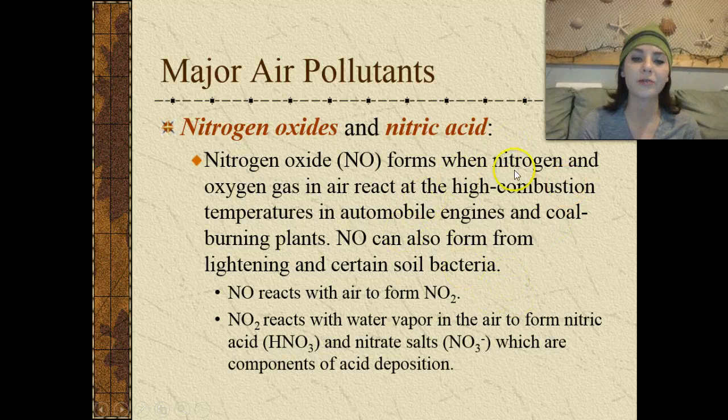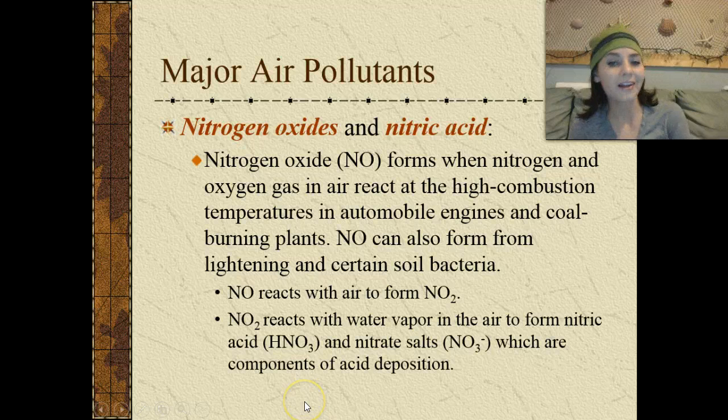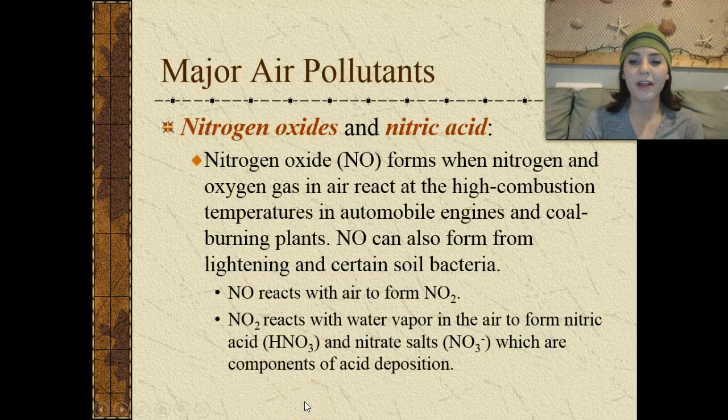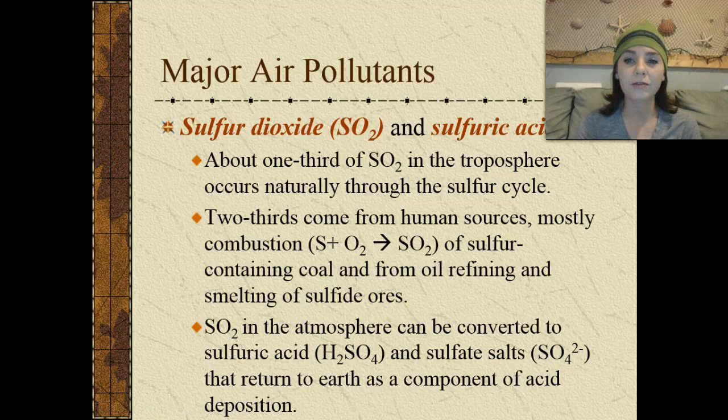Nitrogen oxide reacts with the air to form nitrogen dioxide. And then nitrogen dioxide reacts with water vapor in the air to form nitric acid and nitrate salts, which are components of acid deposition. So we also have sulfur dioxide as well as sulfuric acid. About a third of the sulfur dioxide in the troposphere occurs naturally through the sulfur cycle.